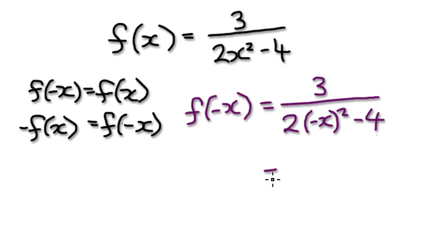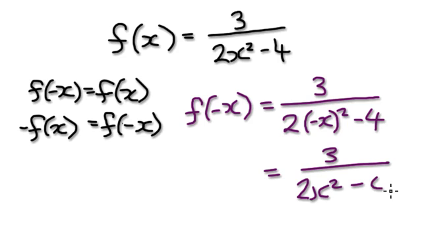Let's tidy this up. We do the power first because power is more important than multiplication, so when you square it, it becomes positive x squared. So the whole thing will be 3 over 2 x squared, minus 4.